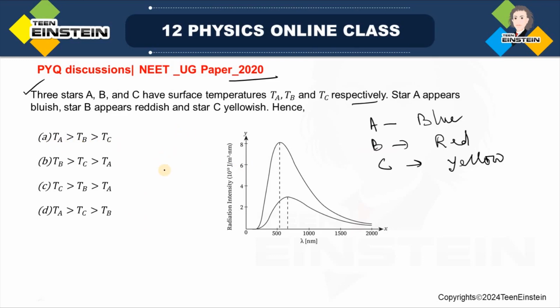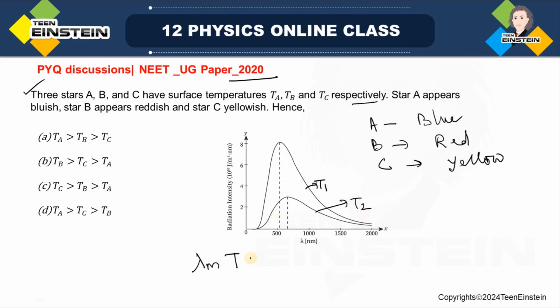See, for solving this problem you need to just recollect the Wien's displacement law, that is given as lambda m into T. That means when the intensity of the radiation is plotted against the wavelength for various temperatures, suppose this is temperature T1 and this is the curve for temperature T2.